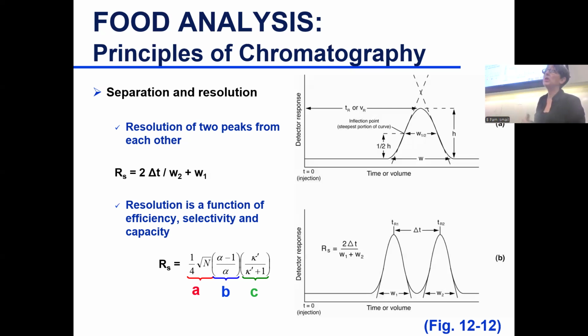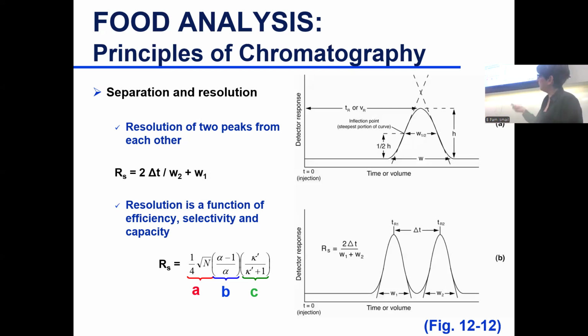Alpha is the separation coefficient between two peaks. So the more separation I have, the better selectivity. So my stationary phase is selective to these individual components so that they can separate.